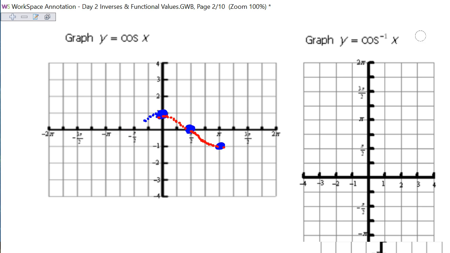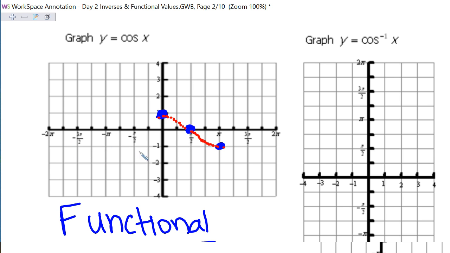And we can see that cosine, its functional values, are from 0 to pi inclusive. We have a point at 0, we have a point at pi. Again, these are called the functional values for cosine, or sometimes they're referred to as principal values. And again, this one also needs to be memorized.